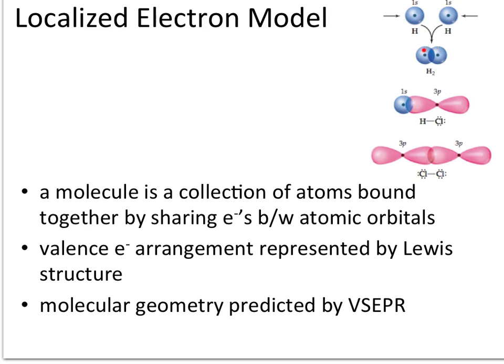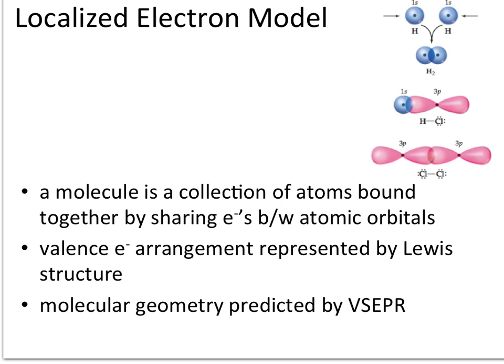They are held together by the attraction of one atom's nucleus to the electrons of the other, and the same is true for the other atom's nuclear attraction to the valence electron of the first atom.